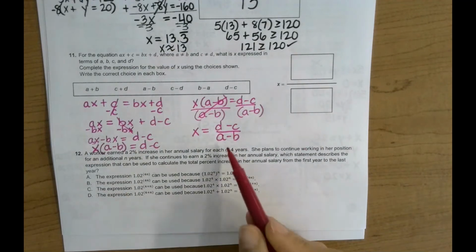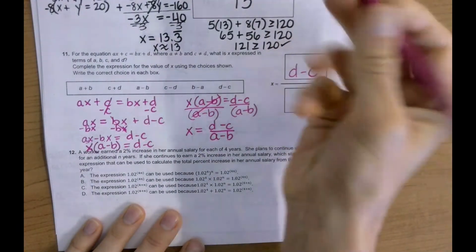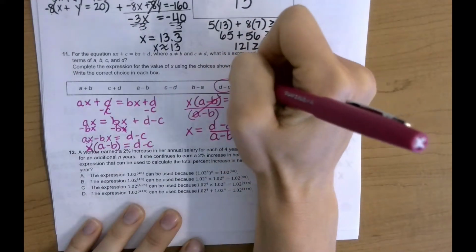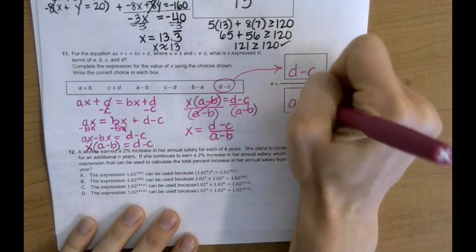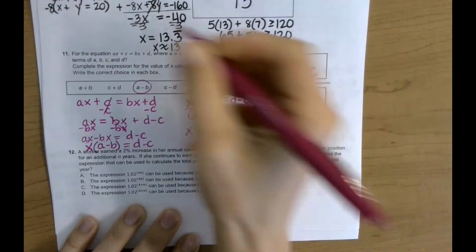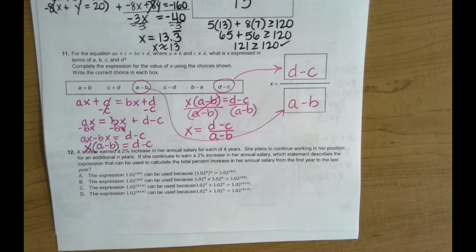And now I have my answer. D minus c goes in my numerator, and a minus b is my denominator. And that is the answer.